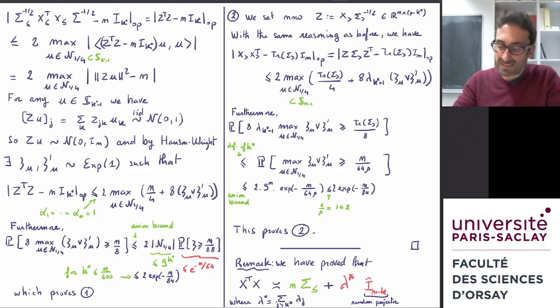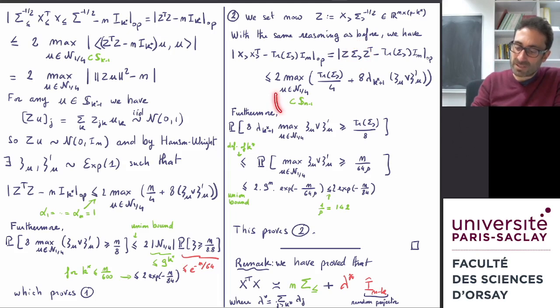You will obtain the fact that this can be upper bounded by something like this, where I have the sum of the eigenvalues divided by 4, which corresponds to the l1 norm of alpha over 4, plus 8 times the eigenvalue lambda k star plus 1, which corresponds to the largest coefficient alpha. So the alpha are equal to the lambda j, for j larger than k star, so this is this value which is the largest, times this random variable which has an exponential one distribution.